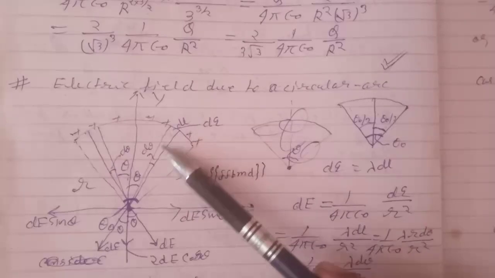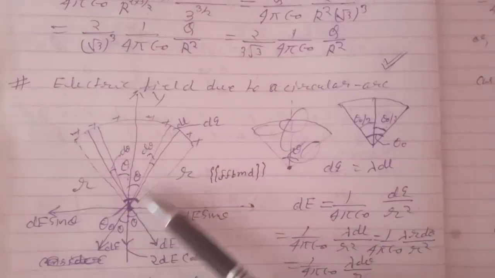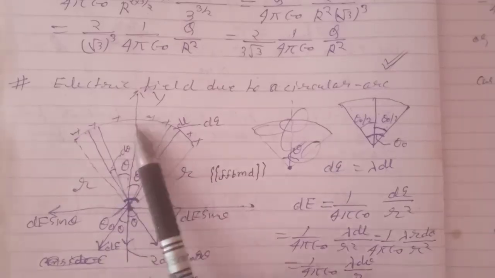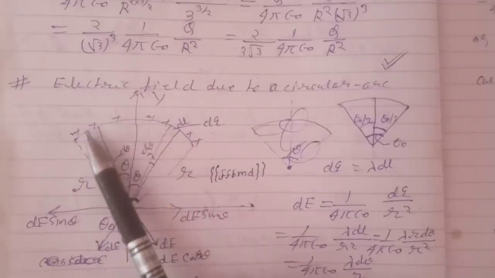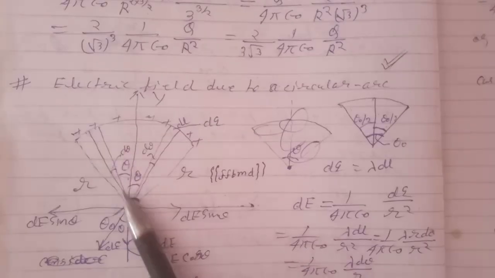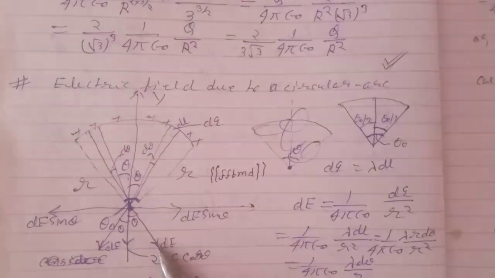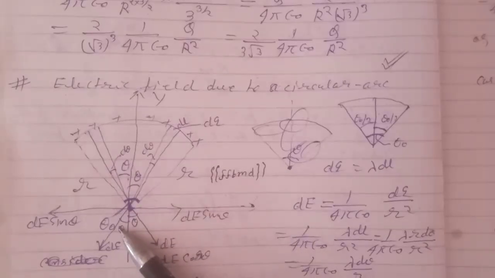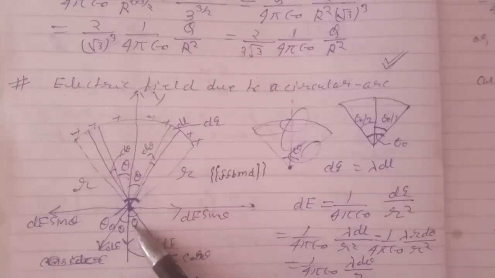So due to this element, the electric field at this point will be in this direction. Similarly, if we take another element at the same angle on the other side, then the electric field due to this element will be in this direction. If this angle is theta, then the other is also theta.